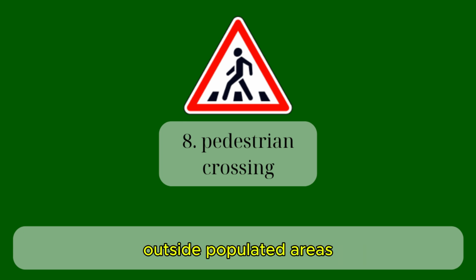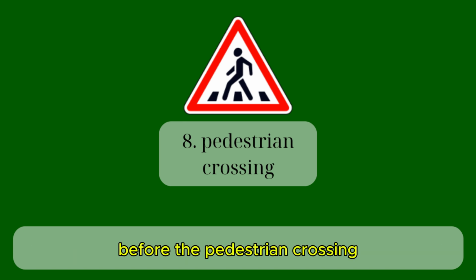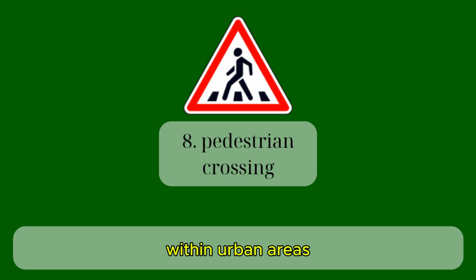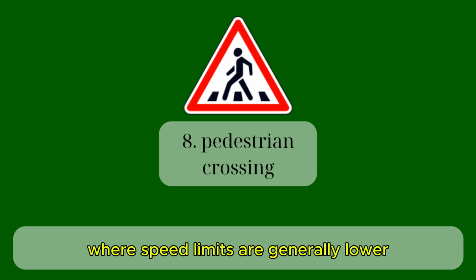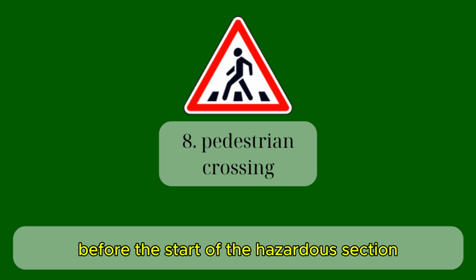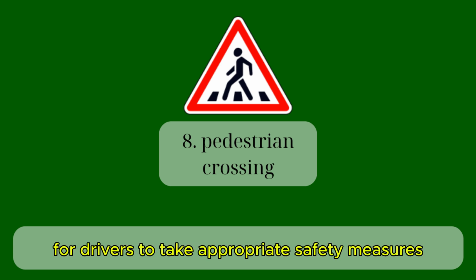Outside populated areas, this sign is placed at a distance of 150 to 300 meters before the pedestrian crossing, providing drivers with ample time to react. Within urban areas, where speed limits are generally lower, the sign is positioned closer, between 50 and 100 meters before the start of the hazardous section, ensuring adequate visibility and sufficient time for drivers to take appropriate safety measures.